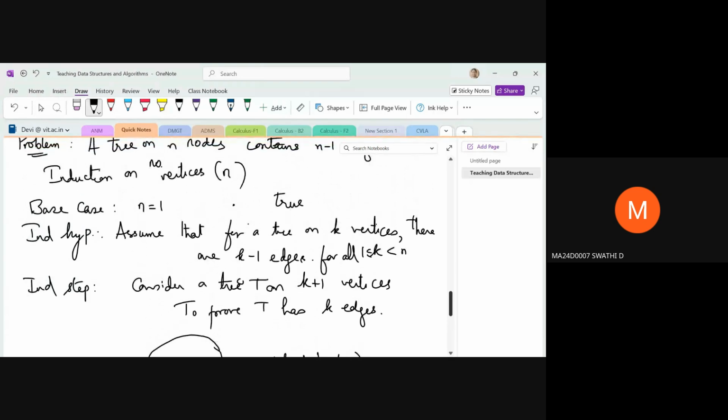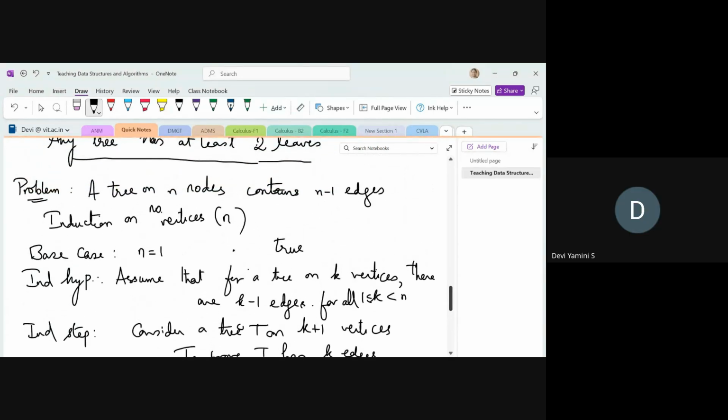If we use edges as the parameter and remove an arbitrary edge, then we should use only strong induction. Is there a process for doing weak induction? Like the result used earlier, that two leaves are there, so we can use weak induction, and we use that one leaf will be there and we can remove it.